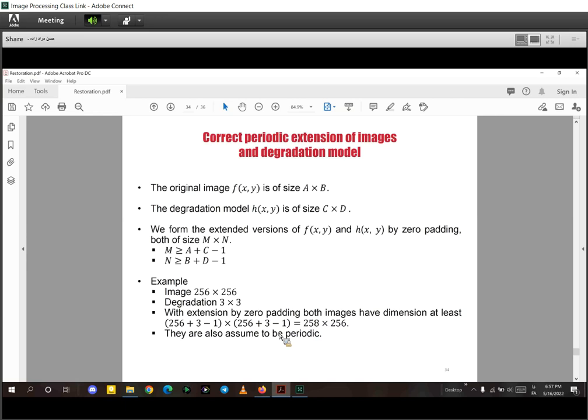They are also assumed to be periodic with this period for M and this period for N.